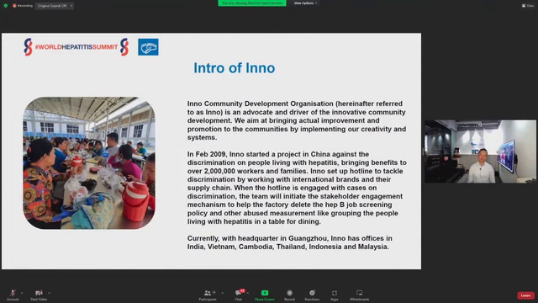One by one, we helped 200 factories to eliminate the job screening, affecting approximately 2 million people in China alone. Now we have the headquarters in Guangzhou. We have offices in India, Vietnam, Cambodia, Thailand, Indonesia, and Malaysia, mainly in India and ASEAN countries.